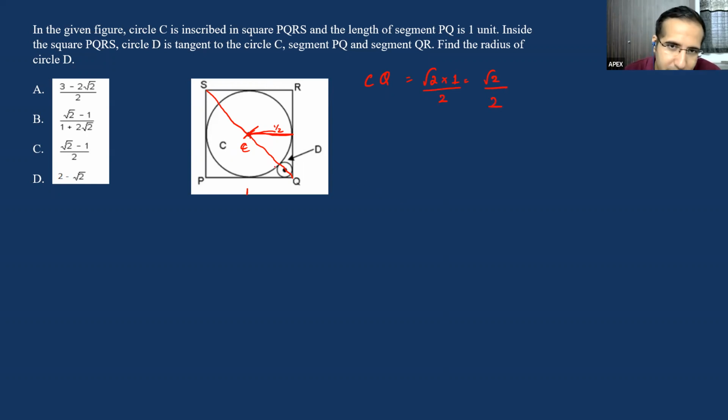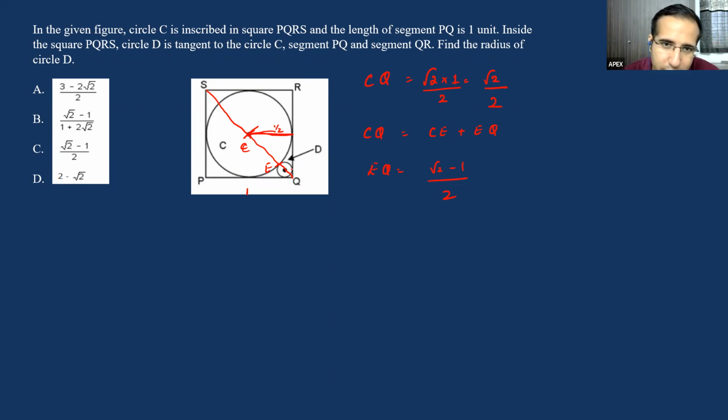And I'm marking this point as, let's say, E. So I'm further breaking this as CQ is equal to CE plus EQ. I know that CE is the radius of the circle, which is half unit. So EQ, first of all, will be root 2 minus 1 by 2, because I'm subtracting that part here.